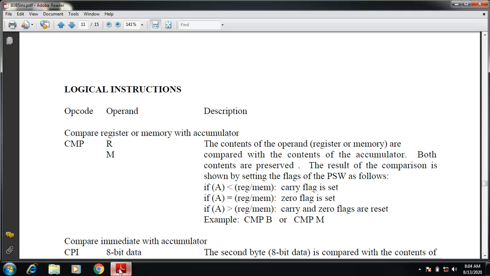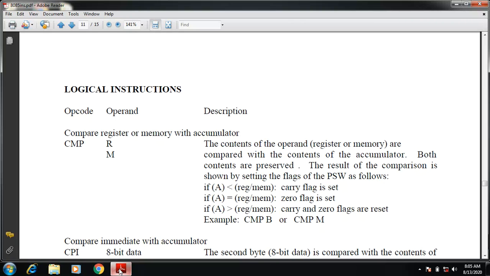First one is CMP, that is compare register or memory with accumulator. There is one operand, either a register or memory. You can take a register directly or the memory content. The content of the specified register is compared with the accumulator.